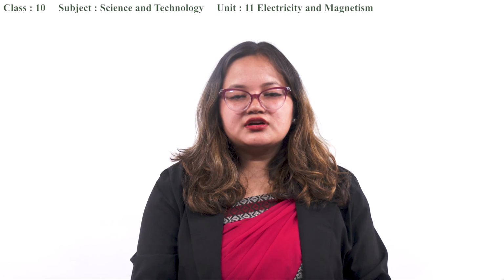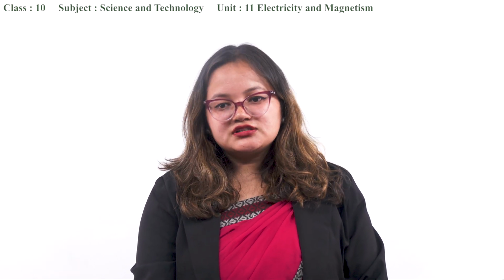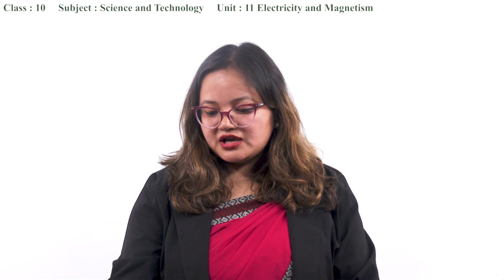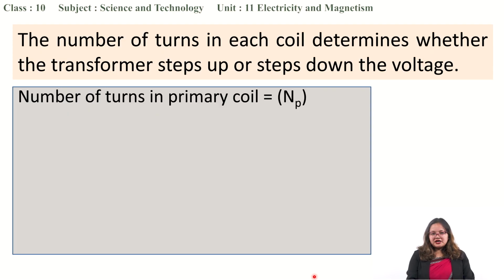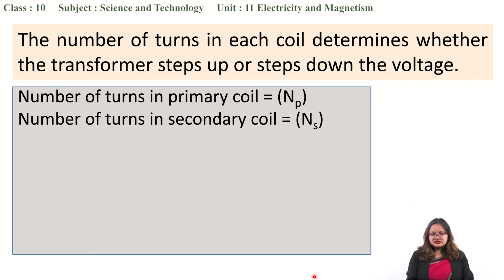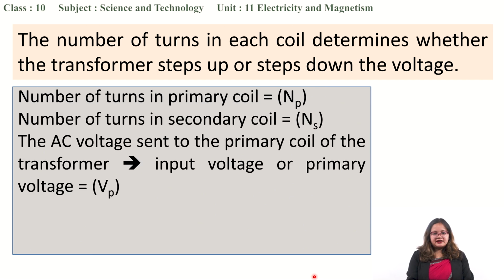Since we are talking a lot about the number of turns in the secondary coil and primary coil, we have some representations for this. The number of turns in the primary coil is represented by NP. The number of turns in the secondary coil is represented by NS.